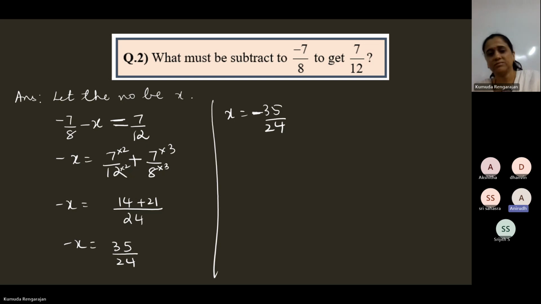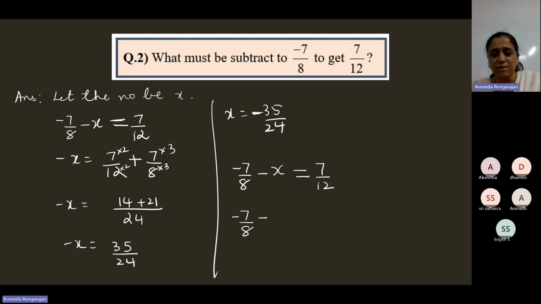Ma'am, I don't know how to put it in the equation form. Can you explain that? See here. To get means equal to. You have the number minus 7 by 8. You must subtract something from this so that you get the answer as 7 by 12.